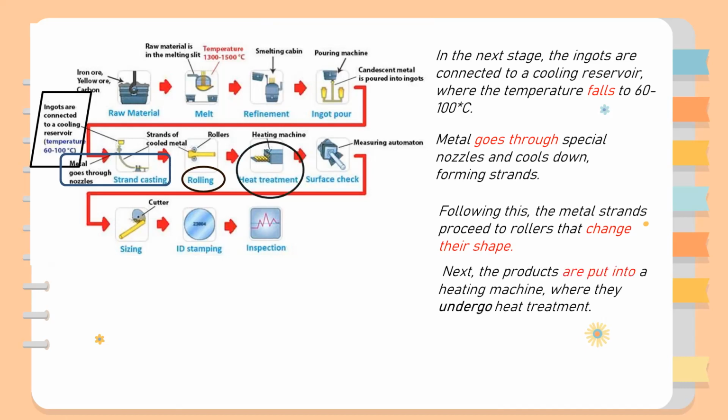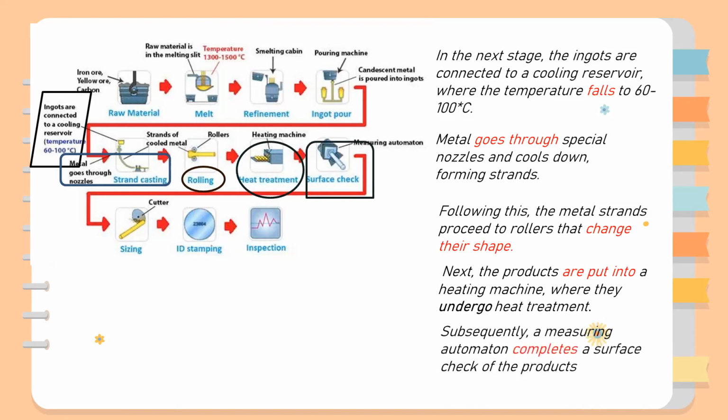Okay, so next, the products are put into a heating machine where they undergo heat treatment. I use the words are put into to describe a heating process. And also subsequently, a measuring automaton completes a surface check of the products.